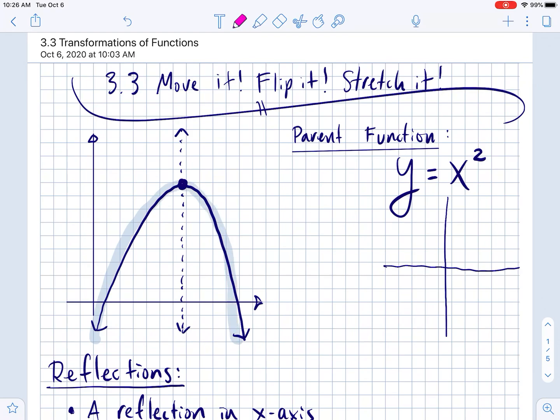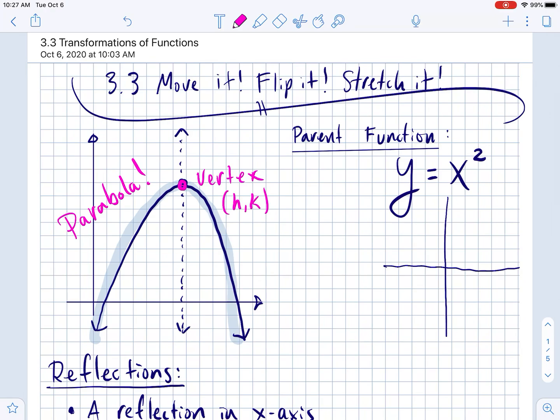This is an example of a parabola. Some common features of the parabola: this point at the very top of the mountain or the very bottom of the valley, depending on its orientation, is called our vertex. In general, we can call the vertex (h, k) as some sort of coordinate.